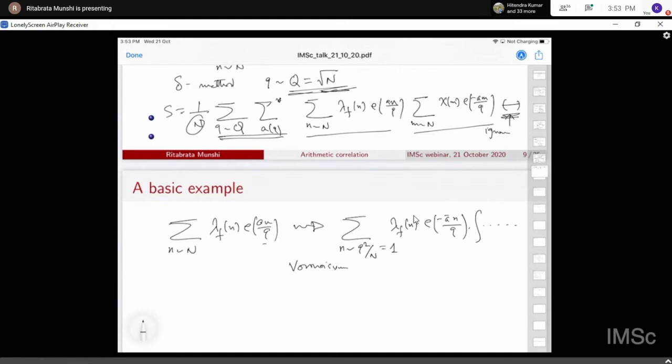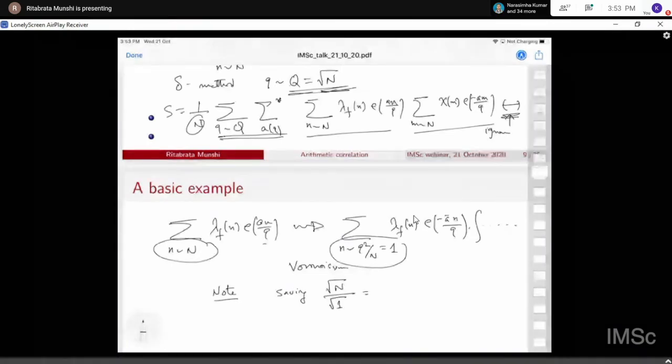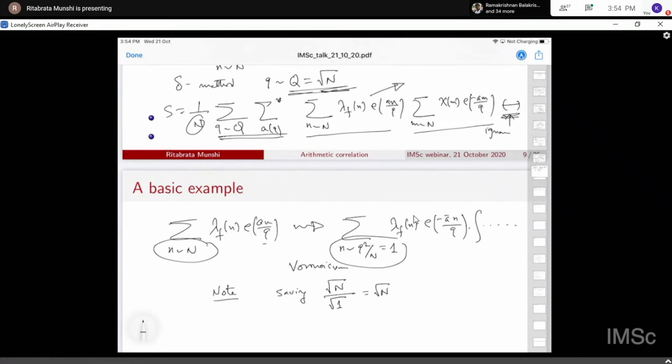I must say here that since the sum starts with a length of size capital N and ends with a length of size 1, you have a saving. The saving is square root of the initial length by square root of the final length, which is basically square root of N. If you go back to the step where we applied the first step in our template, if you trivially estimate this, you'll get it's bounded by N squared.